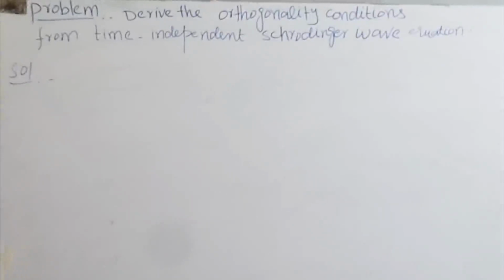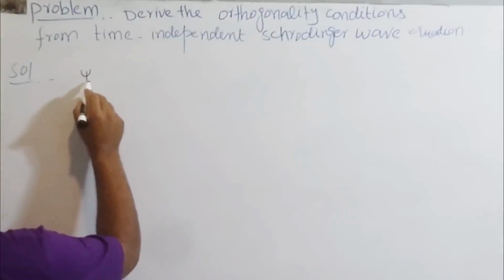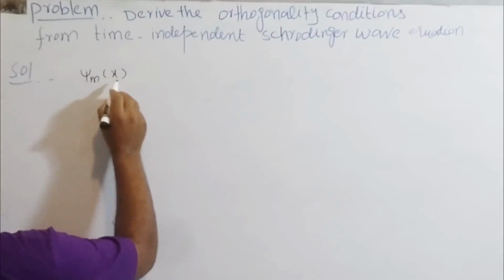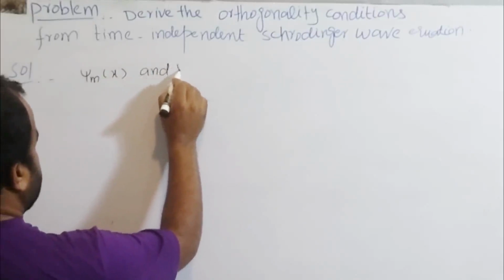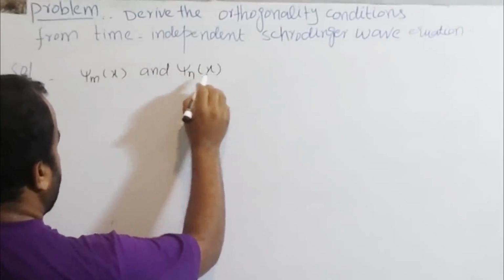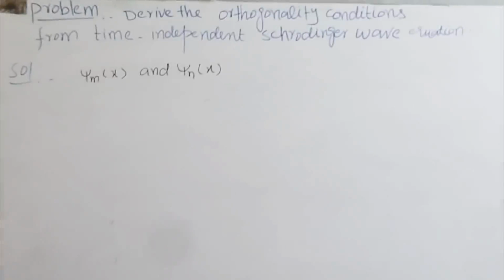Here I am taking two functions of x, and these are wave functions. Let the first be psi m and the second be psi n. Let these two wave functions be two non-degenerate solutions, or eigenfunctions, of the time-independent Schrodinger wave equation.